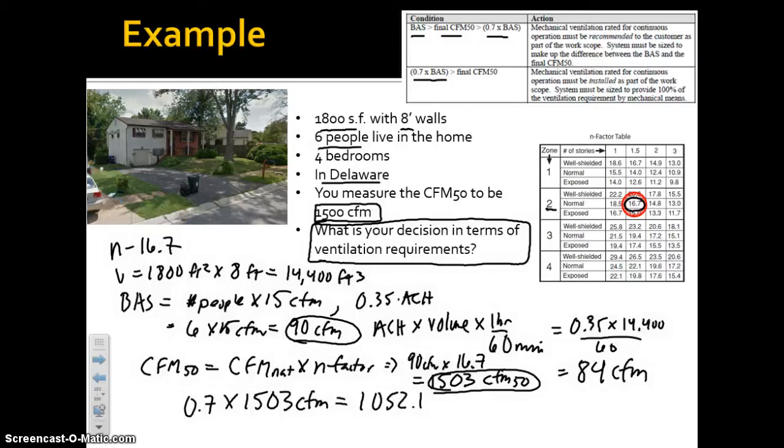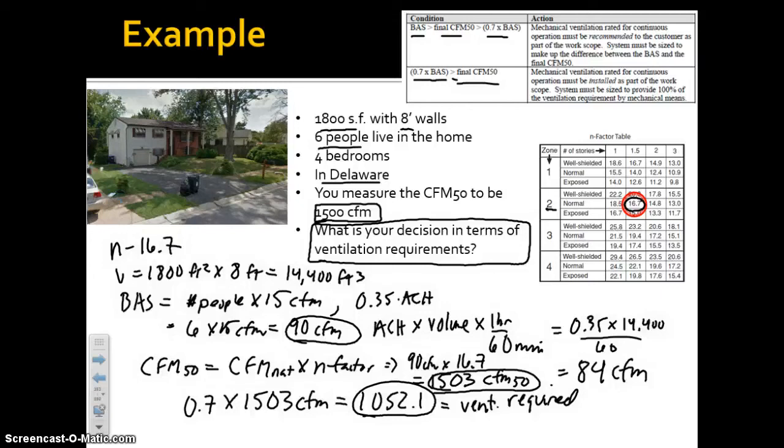So that's our 0.7. In other words, if it's less than this, that means ventilation is required. If you go up to the top here, if it's less than 0.7, that means we require it.